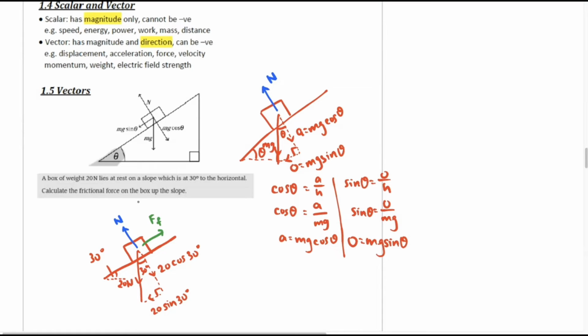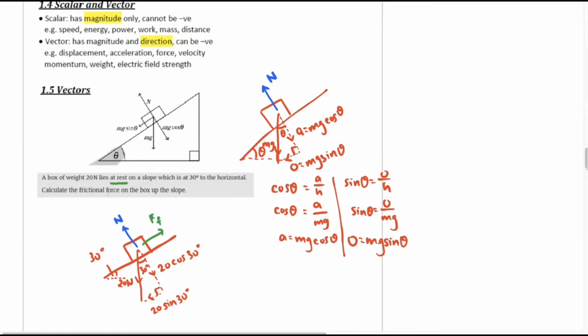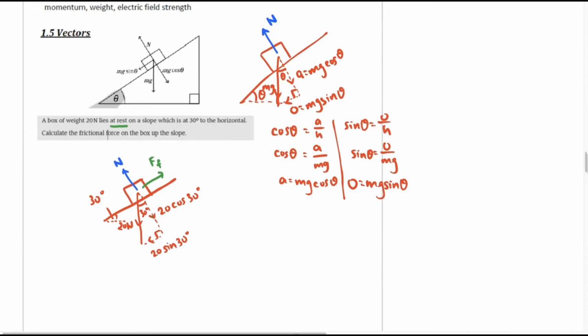Okay, now the main concept here is the box is at rest. So at rest, that means the forces are equal. Okay, so let's say the force in this direction, parallel to the slope, the frictional force, is equal to this one.